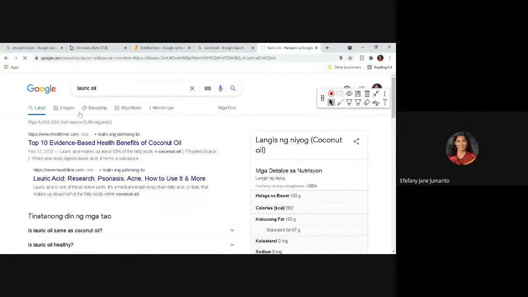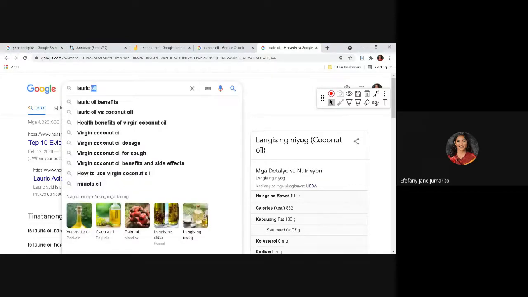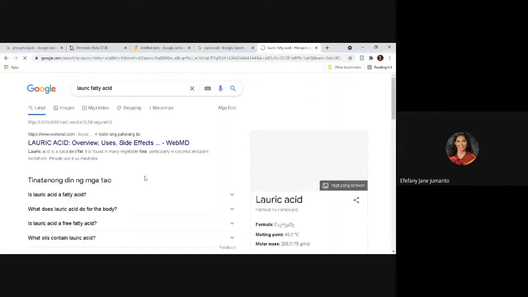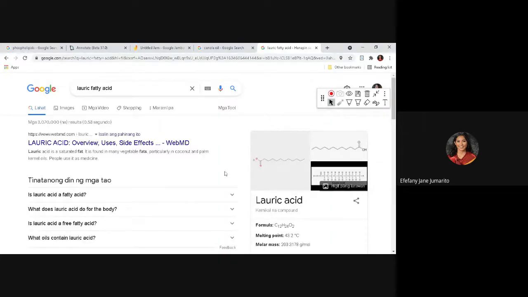Coconut oil is 50% lauric acid. What is lauric fatty acid? How many carbons does lauric have? When we say lauric, 12-0.